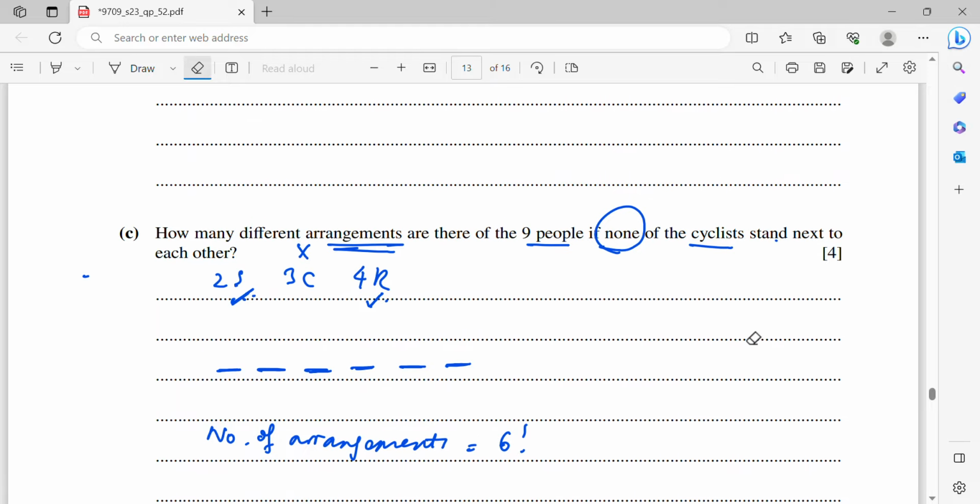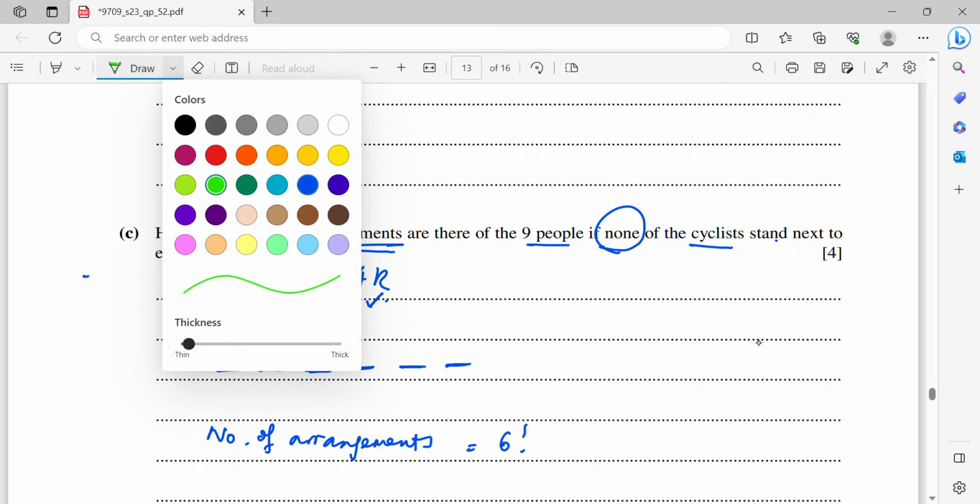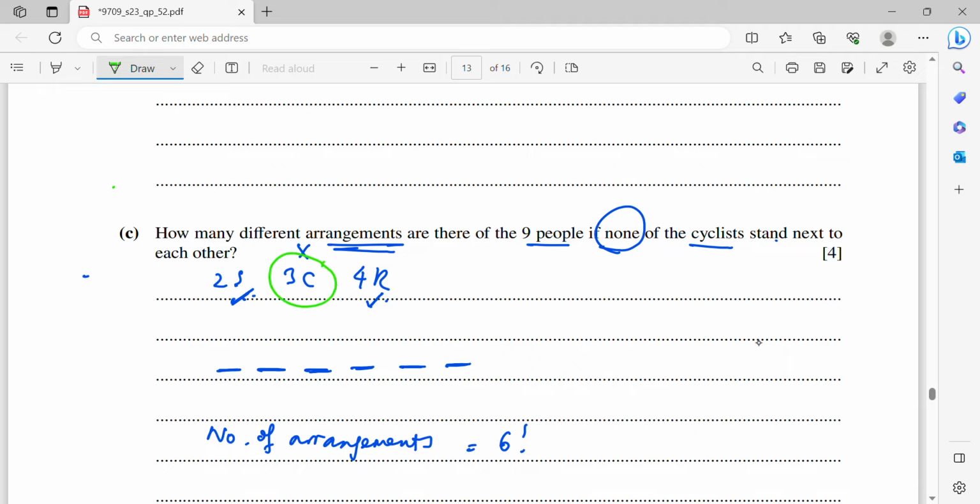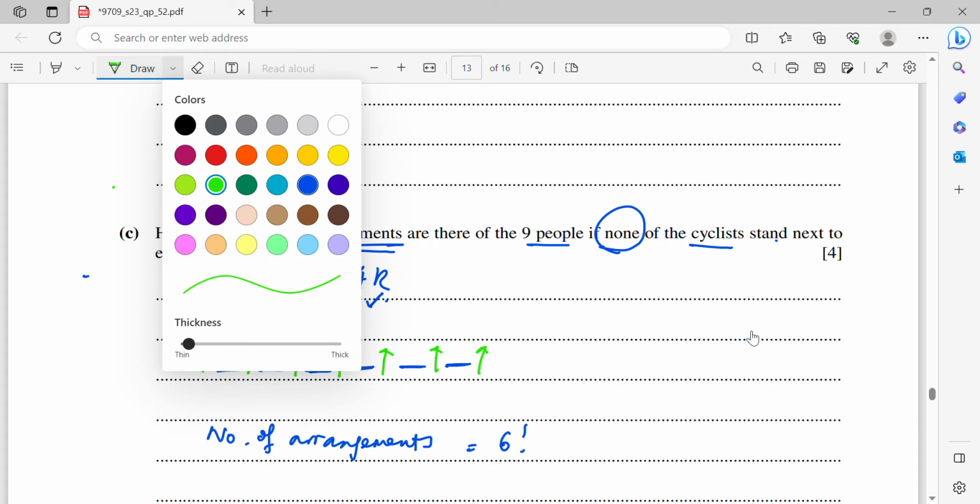And then I need to arrange the cyclists. To make sure that these three cyclists are not next to each other, you have to locate the cyclists in one of the arrows here. Then they will be separated, not standing next to each other.